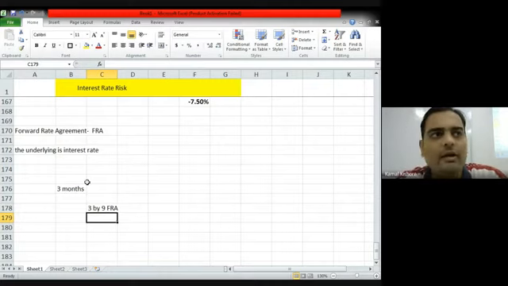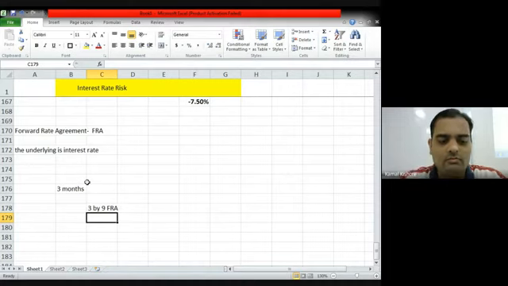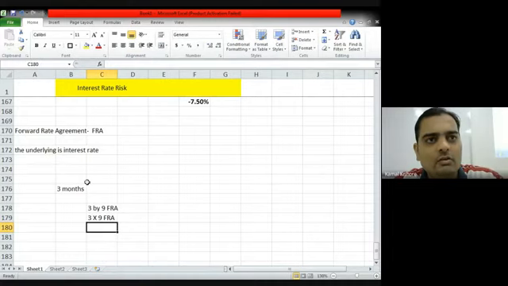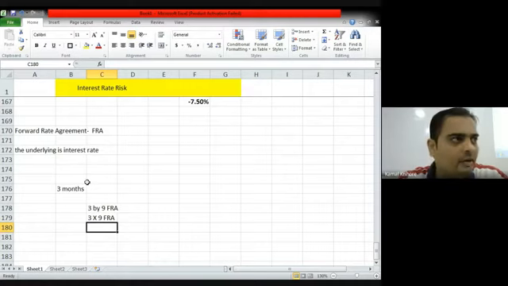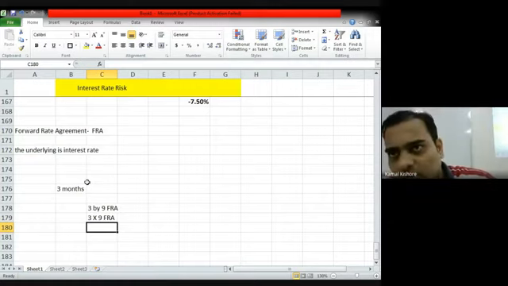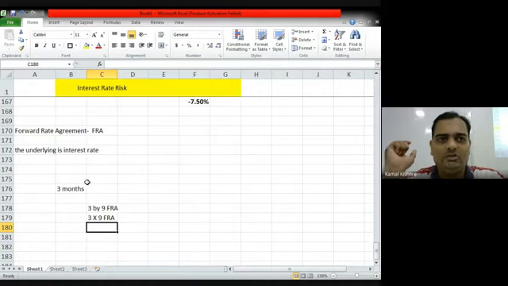What is this 3 x 9 FRA? That means today I am entering into a forward rate agreement to buy or sell an FRA, as the case may be, after 3 months, for a period of 6 months. How do I get 6 months? 9 minus 3.